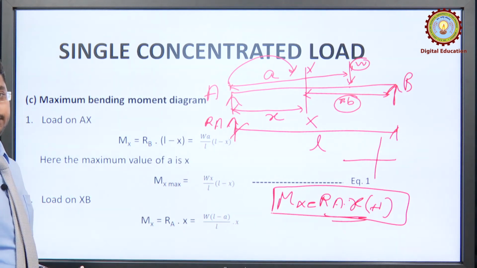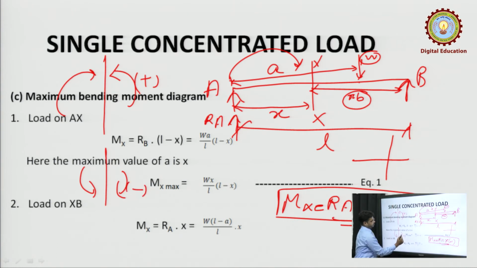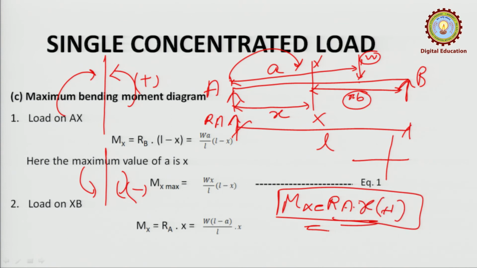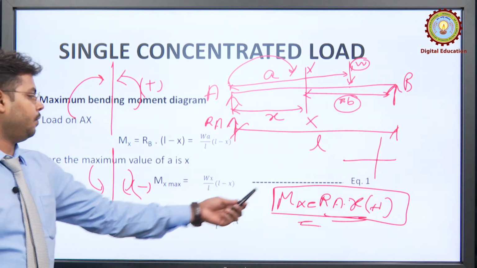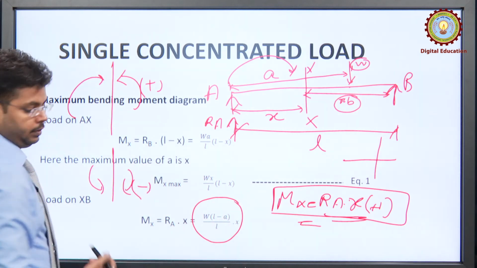We take a positive sign. In the last slide I told you about two signs, positive and negative. The same concept applies here and we get the positive sign. After that, we know the value of RA, so we just put the value of RA into x and we get an equation like this.